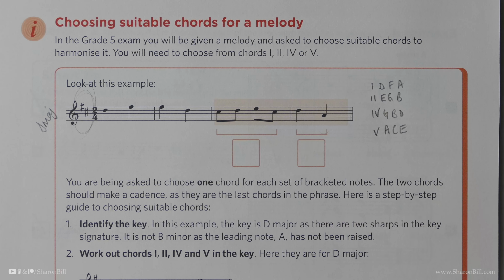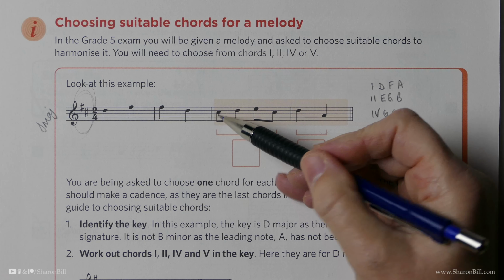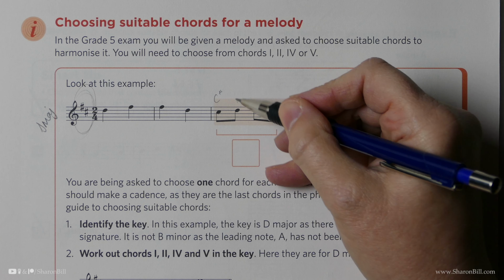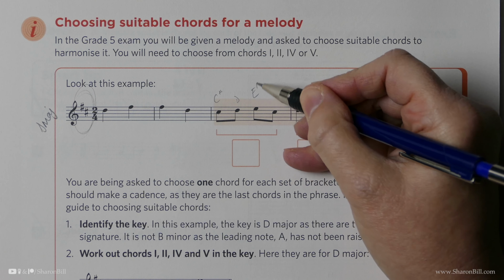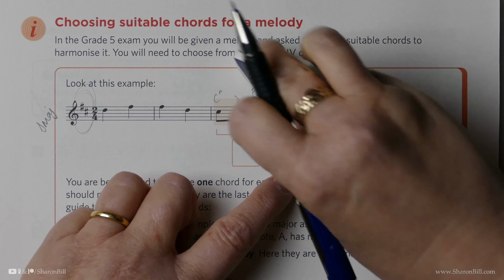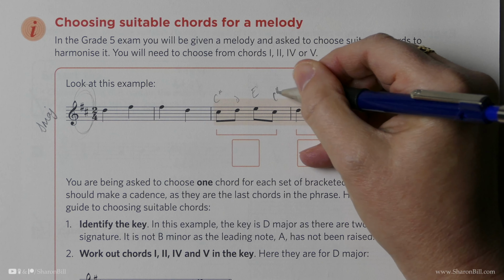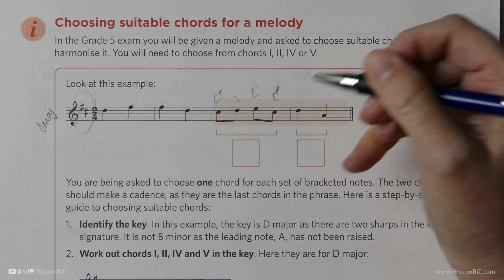And so let's see what notes we've got here. We've got a C sharp and a D and an E, and then we get a C sharp again. Your key signature deals with that, so you don't really need to worry about it.